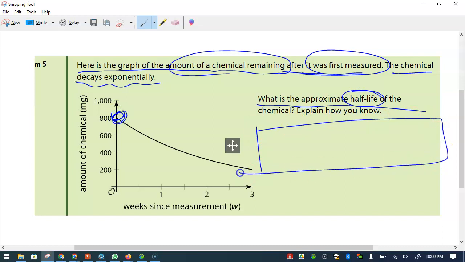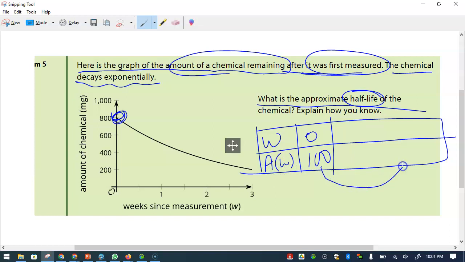So if this is the zero, and these are the weeks, and this is the amount in milligrams, half of 800 is 400, right?